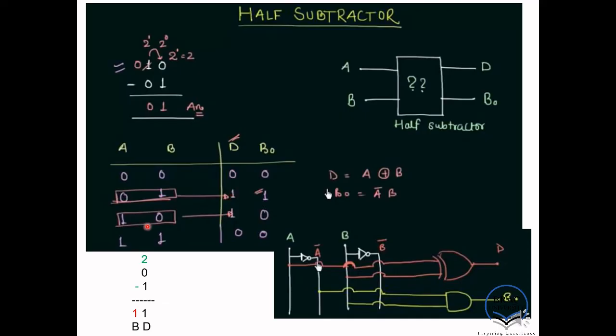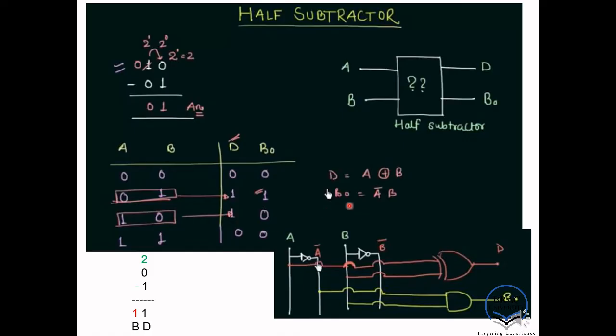1 0, so 1 minus 0: the result is 1, your borrow is 0. 1 minus 1: your borrow is 0, result is 0.